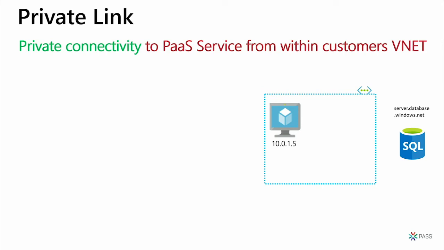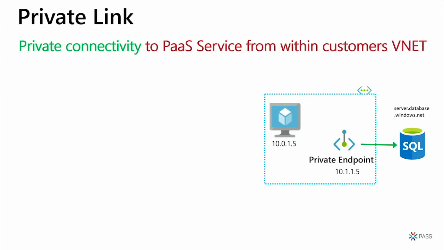You want these two to communicate with each other, but over the private address space. And just to make it a little more complex, let's assume these are in 2 different regions. This is where private link comes in, and it creates a link between your virtual network and the SQL database. It then assigns one of the IP addresses from your virtual network to be the endpoint.